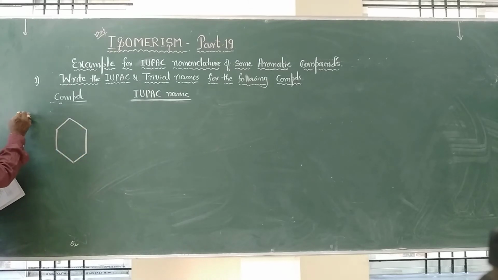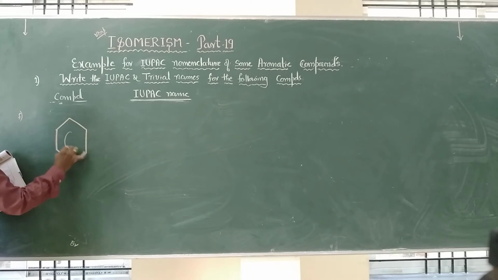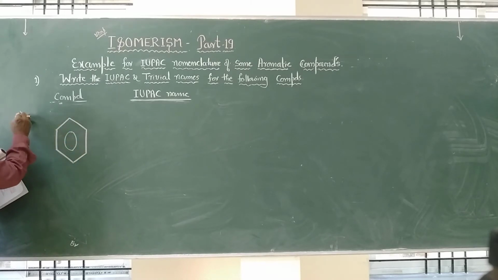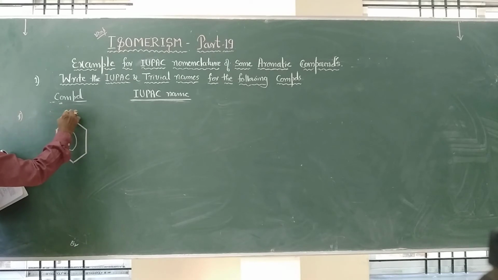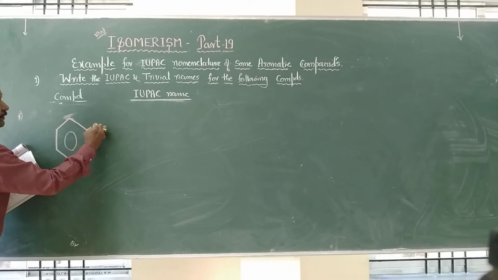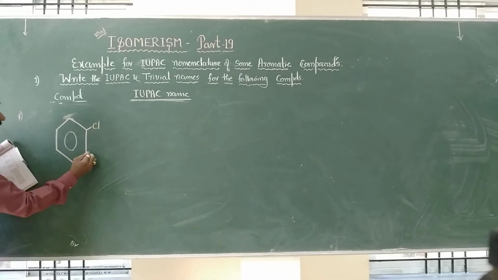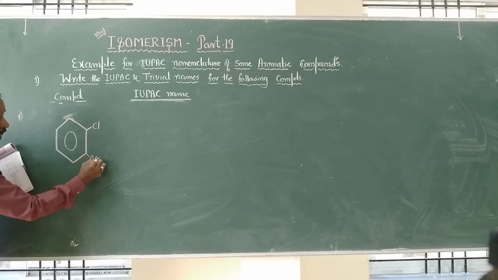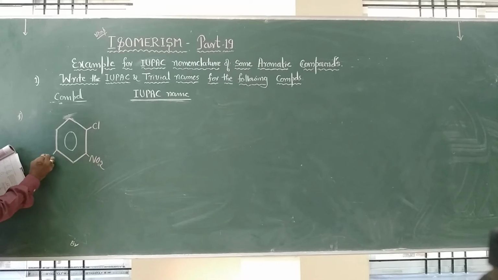Okay, let's see that. So if chlorine is here, this is chlorine, and this is NO2, and this is NO2.